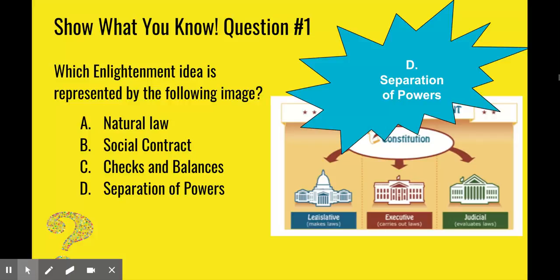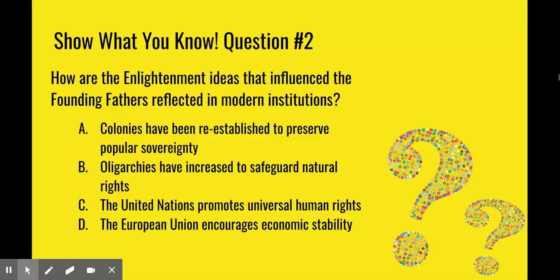The correct answer is D, separation of powers. Did you guess checks and balances? That was a good choice, but the image shows each branch's responsibilities, not how the three branches check each other.